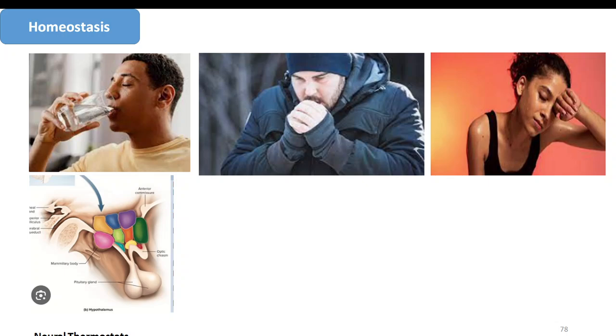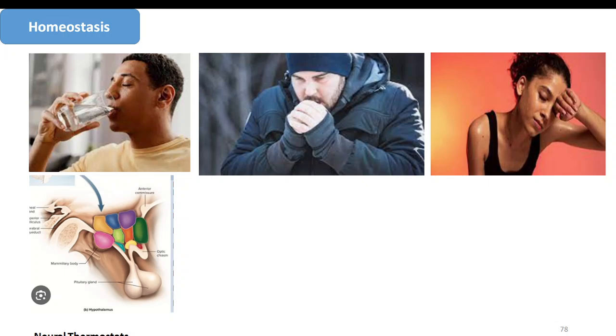Right? And the body has an automatic mechanism to realize either the deficit or surplus of any of these vital indicators, and it has a mechanism to respond, to communicate, to send signals, to release the corresponding hormones, and to send a signal to the brain, prompting the brain to secrete the corresponding hormone and communicating to the concerned part of the body that there is a possibility of imbalance.